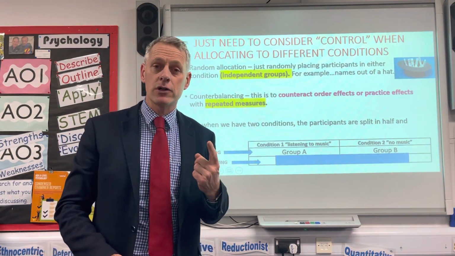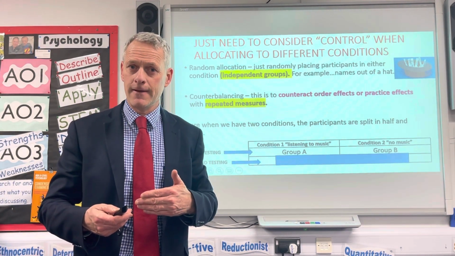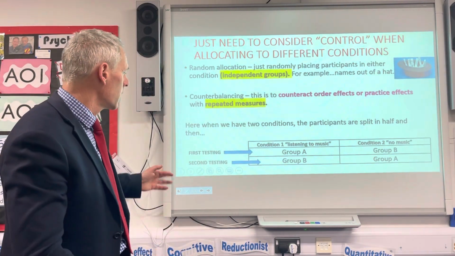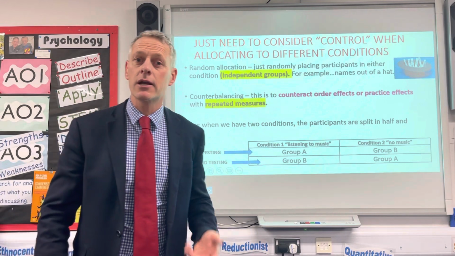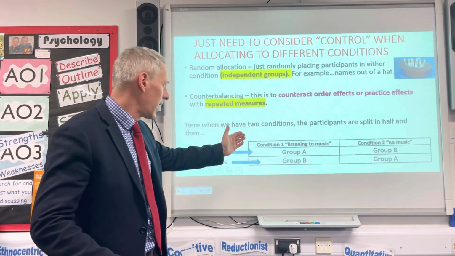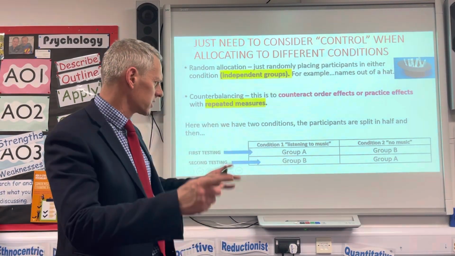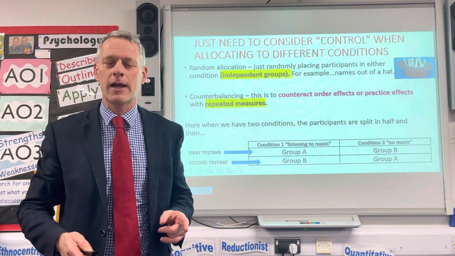Group B, for their first testing, they do the no music and get tested, okay? Now what we do is we swap the groups over, okay? And we have a second testing. Group B, who had no music, now have music. And Group A, who had the condition with listening to music, now have no music. Did I say that the right way around? They swap over. I hope you get me, okay?